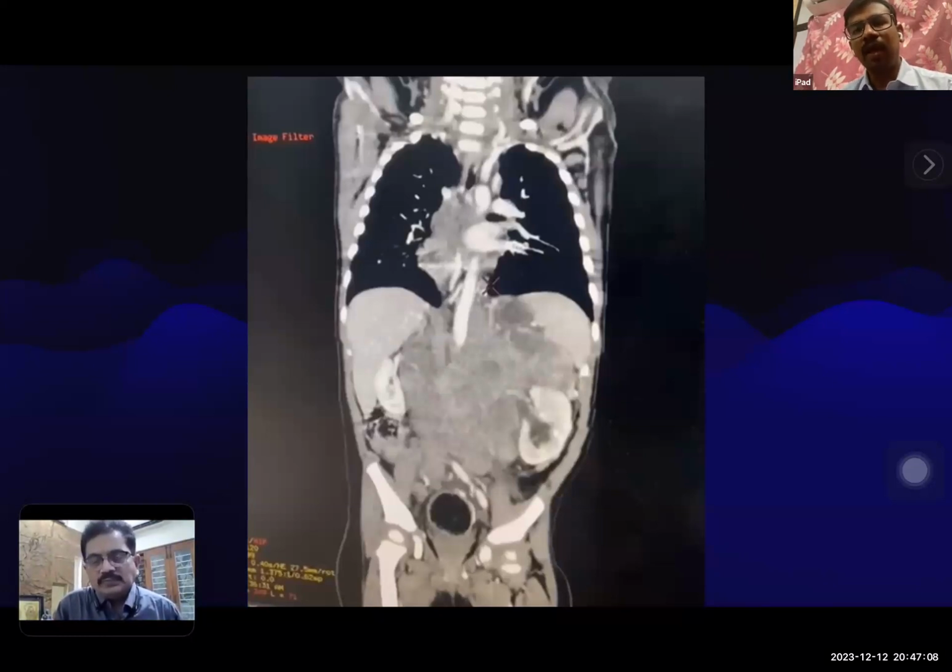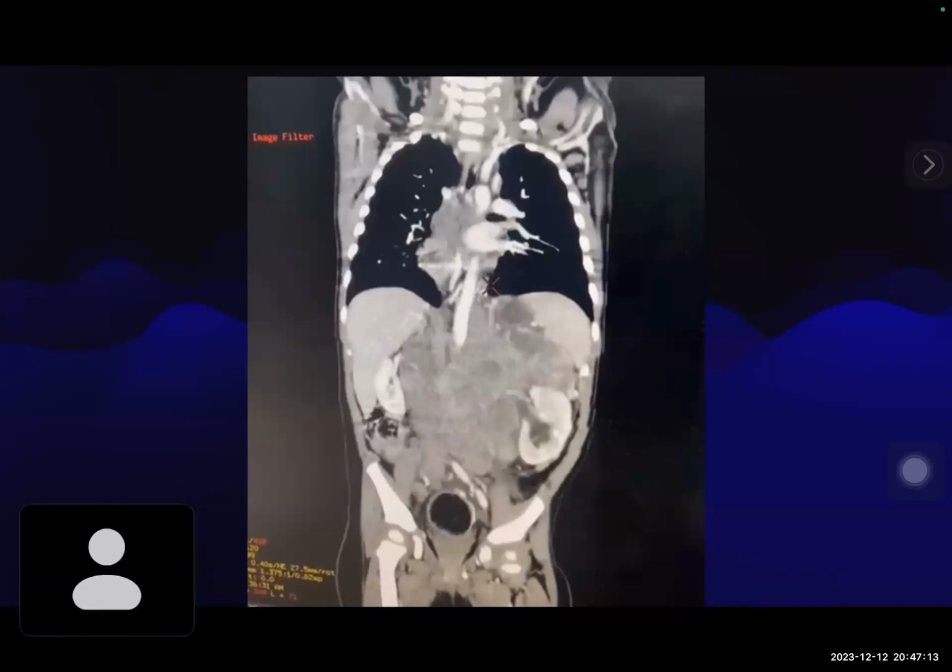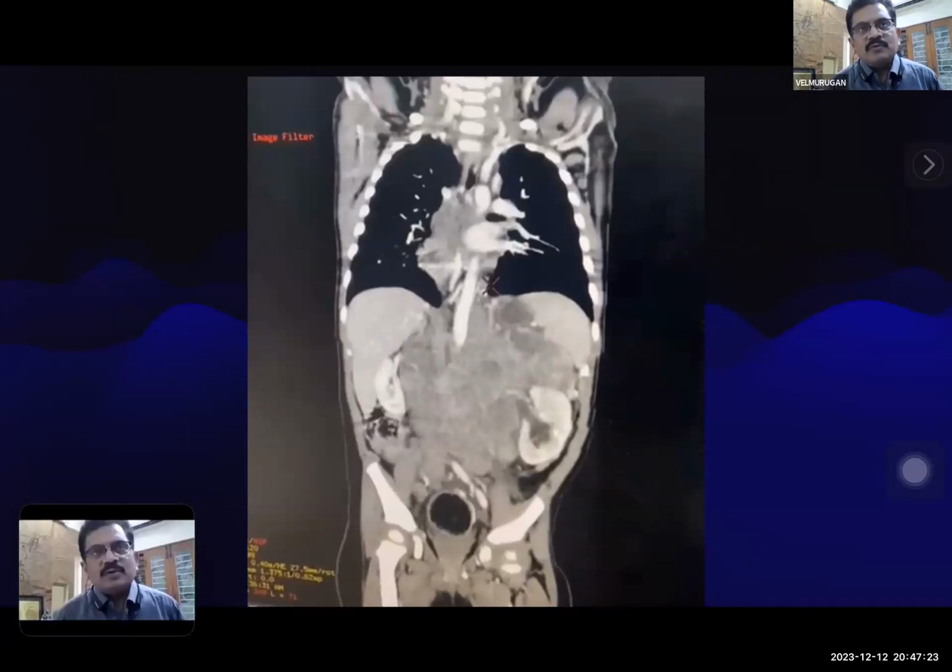So it is a huge mass, and you said even the renal angles are full. I'm sure, yes, it is reaching the retroperitoneum, so it can be accessed from the retroperitoneal route. Yeah, it could be approached from the flank or the back loin very easily.